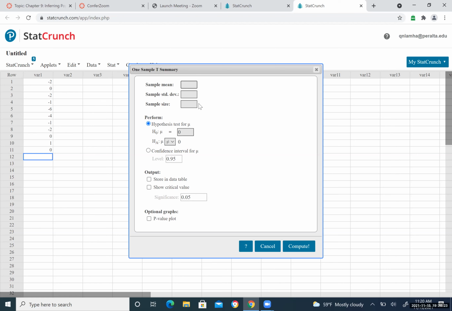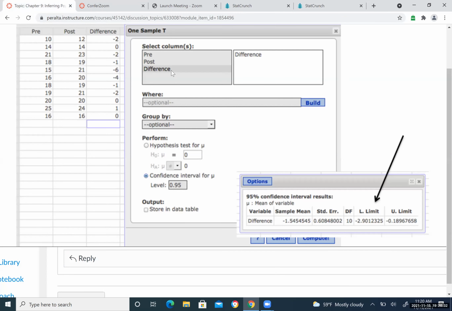Hypothesis test. So here we're talking about that. Wait for me a minute. This is one sample T summary. Let me go back here. Follow instruction. This is one sample T. Okay. Confidence interval. Make hypothesis. It looks like I have to type all out, huh? I need to type all out.